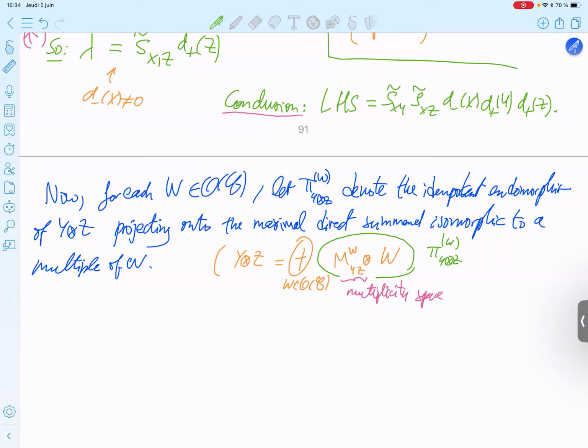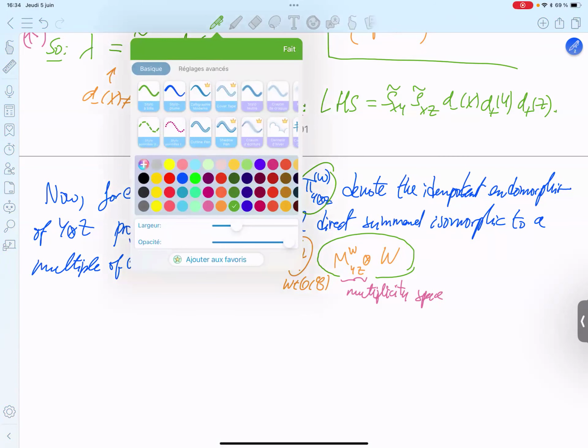Let me see. So it projects on this component. Let me just write that like that. Okay. So you can rewrite, in fact, the right-hand side as follows.